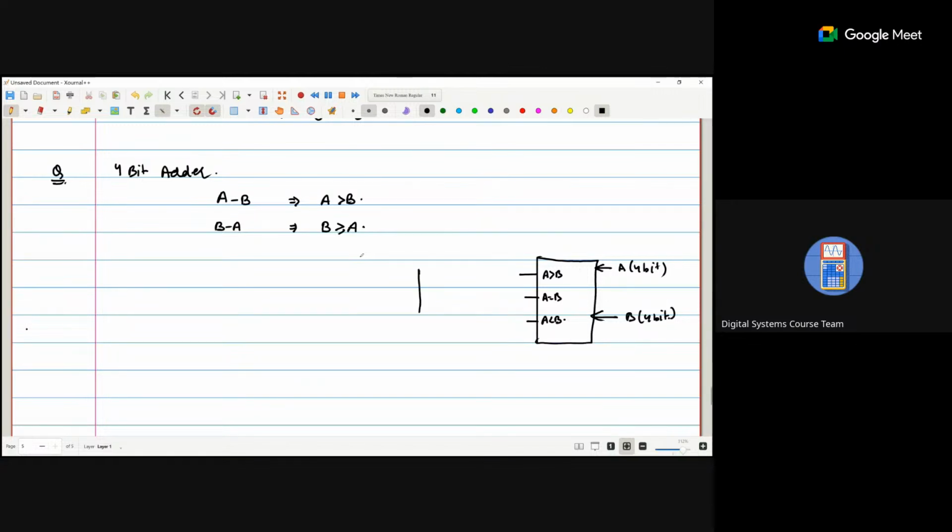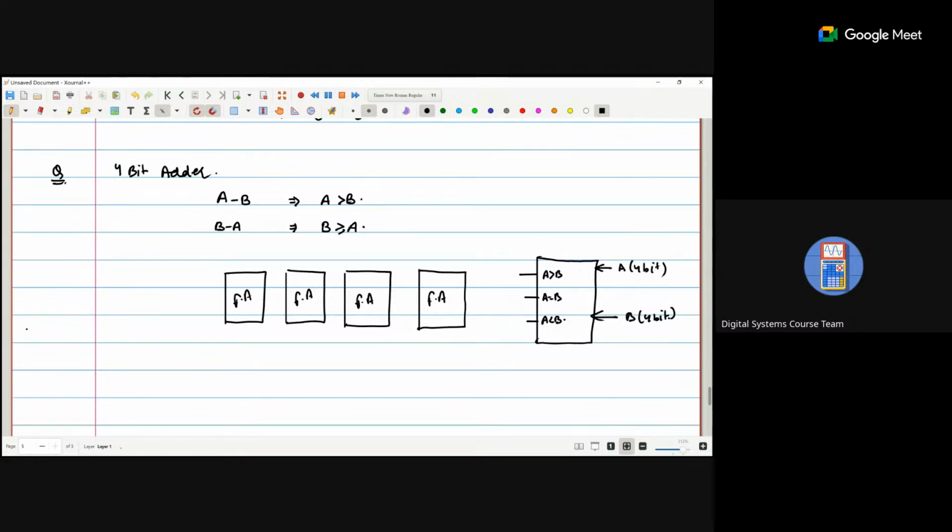Now we have a full adder, full adder, full adder. Okay.